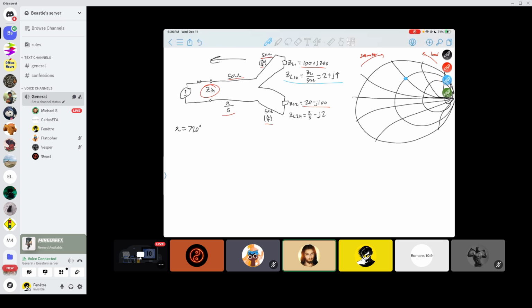Now what we're given is lambda over 4. What does that mean? First of all, lambda is 720 degrees, so lambda over 4 would result in, what is that, 180 degrees. Because we're moving in the direction towards the generator, we have to turn 180 degrees this way.